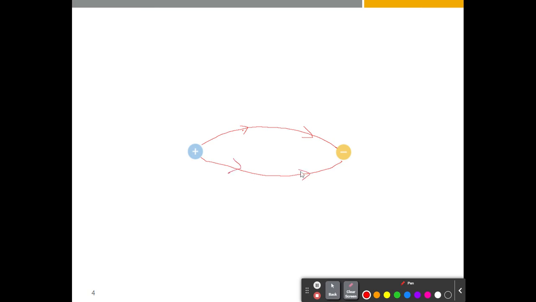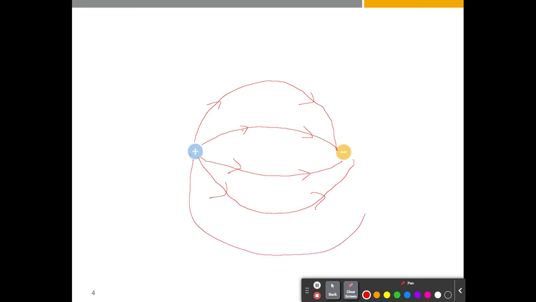The positively charged object has its electric field, and the negatively charged object has its electric field, and they overlap and become one big region of space. If you put a test charge in that region of space, it would follow a pattern. It would go something like this.